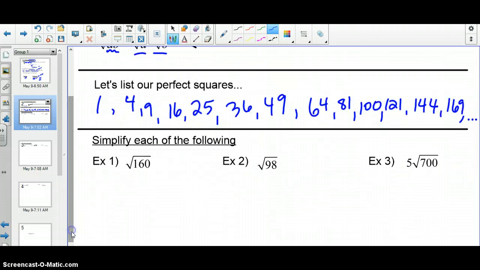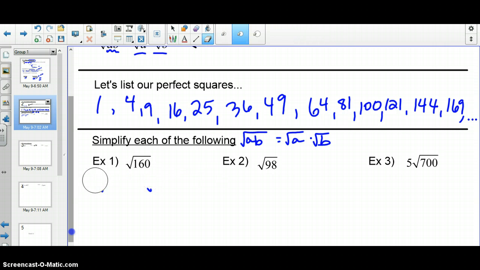All right, so let's do our first example here. If I have radical 160, I'm going to split this up into two radicals. Now I know from my multiplication property I'm allowed to split up radical a times b into radical a times radical b.